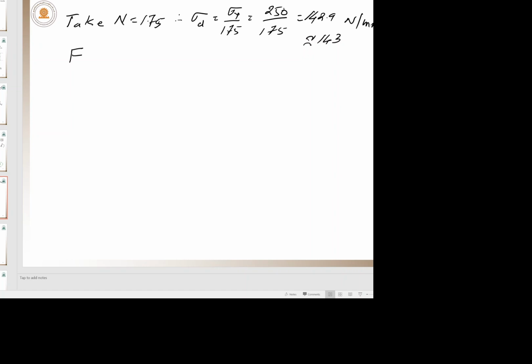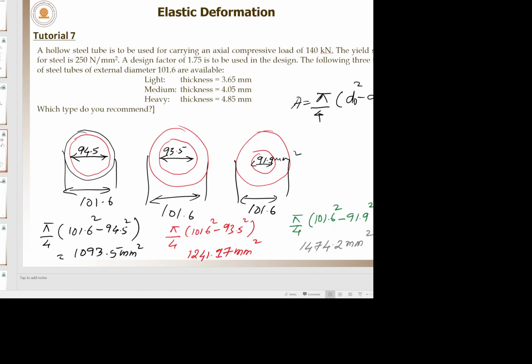So now what he wants is which of the three types of tubes you will use. Now I see the best is not to use the heavy tube, is it not? If you use the heavy tube, you are spending more money. I will not do that.